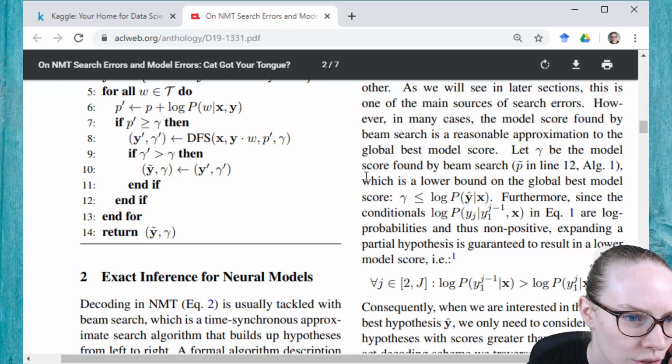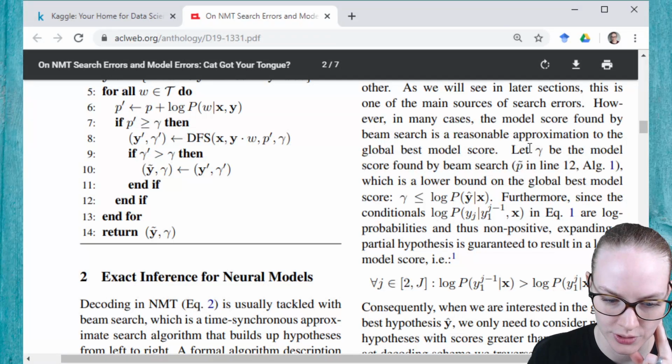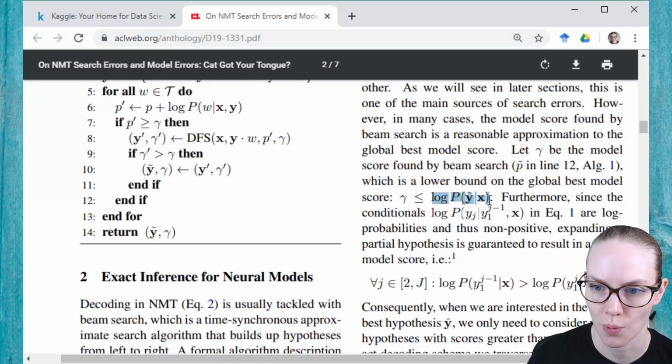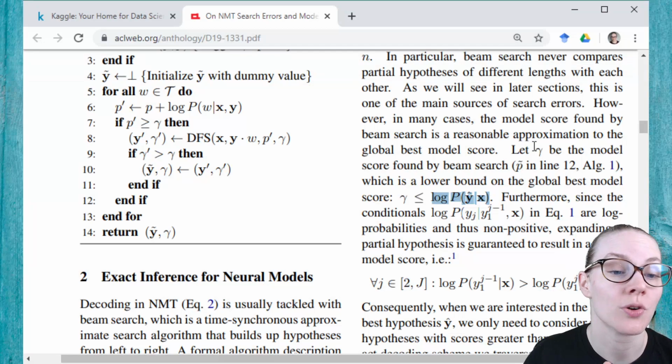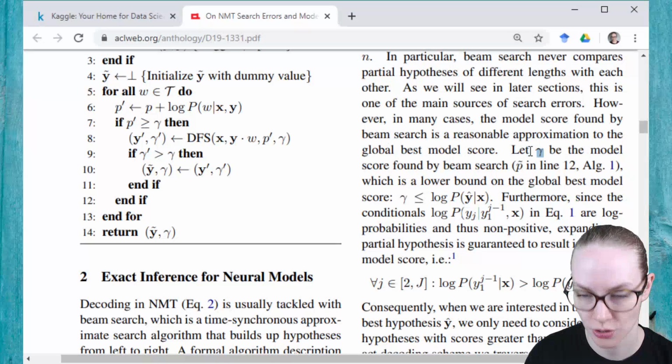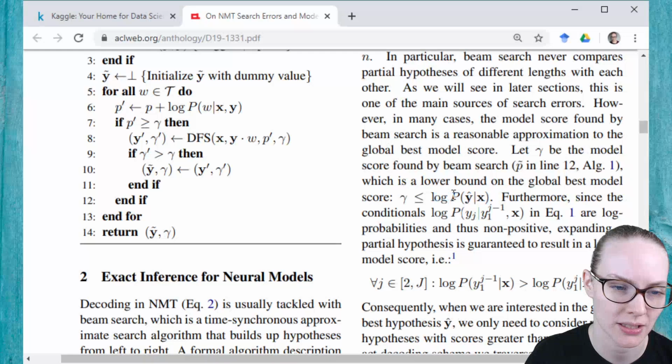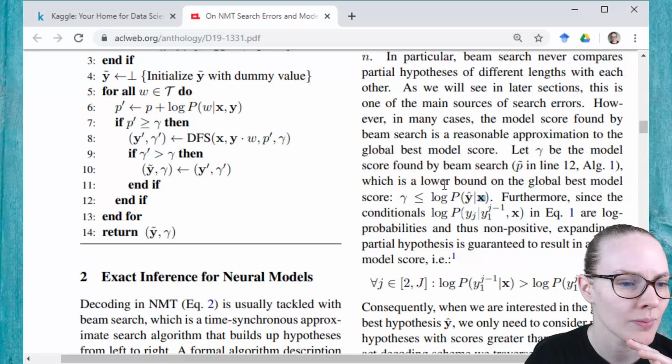Okay, so gamma is the thing that we found, and we know that there's an ideal best model score. So gamma is our current best model score, and we know that there is an ideal best model score, looking at all of the possible candidate translations, given the input sentence.